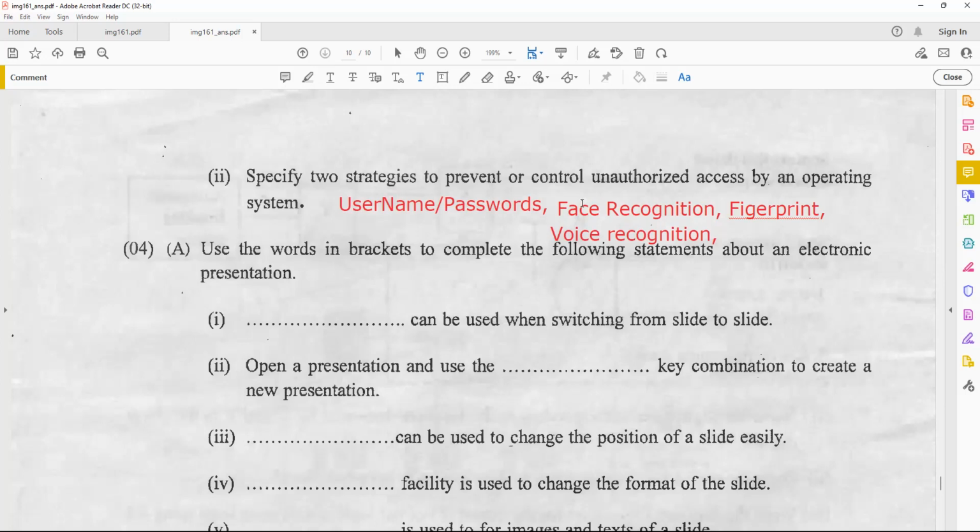And encryption is another one. Usually if somebody is going to use your computer, your important data, you should encrypt. We will discuss these ideas later on. For the time being, I think we have discussed this idea anyway. Encryption means nobody can read your details.